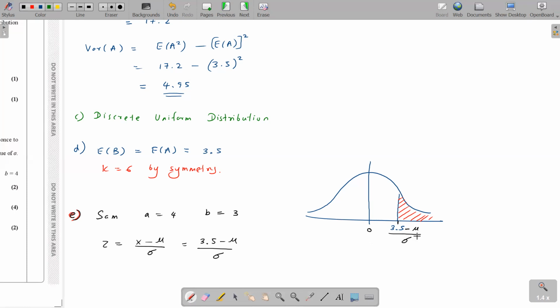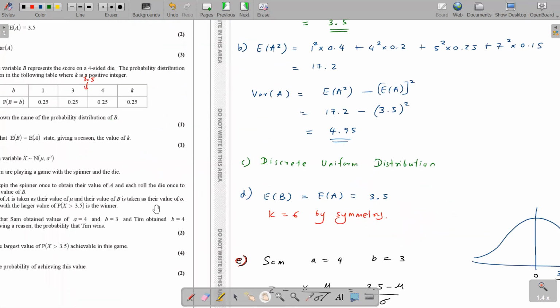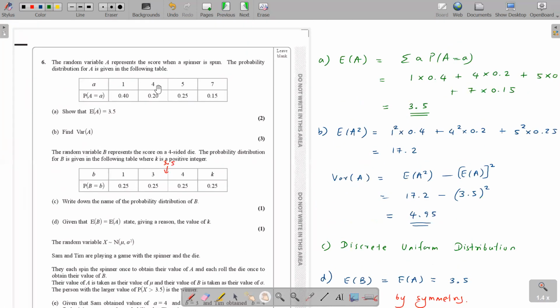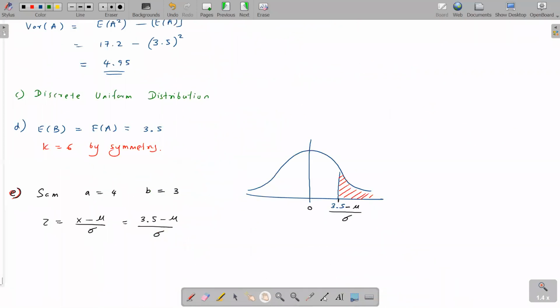Now your mu and sigma are variables, isn't it? They are decided by what you get from the spinner and what you get from the dice. According to the mu and sigma values, this position will change. If it moves behind over here, if the 3.5 minus mu over sigma comes here, then this person has a higher area for x greater than 3.5.